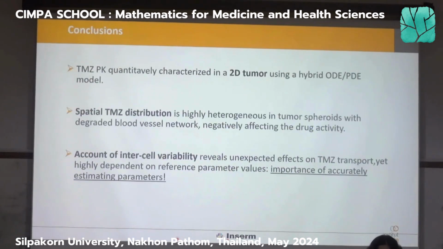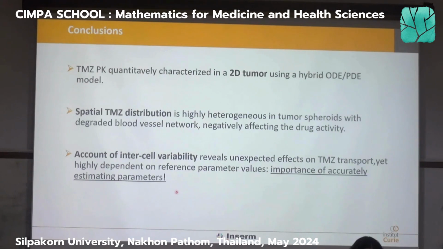Okay, so just to conclude this point, what we have done is that we have extended the cellular PK study of temozolomide by adding the spatial dimension. What we have seen is that the spatial distribution of the drug may actually highly impact its efficacy, and actually just the shape of the tumor may be a reason for the drug not being efficient.